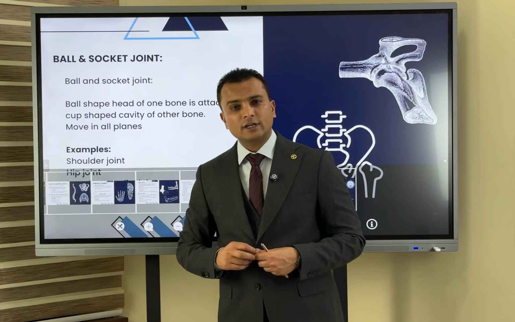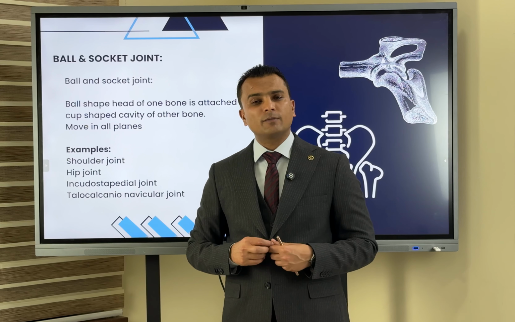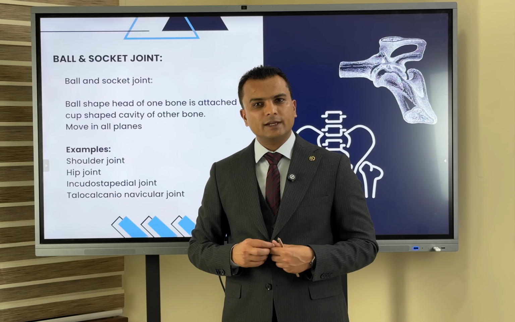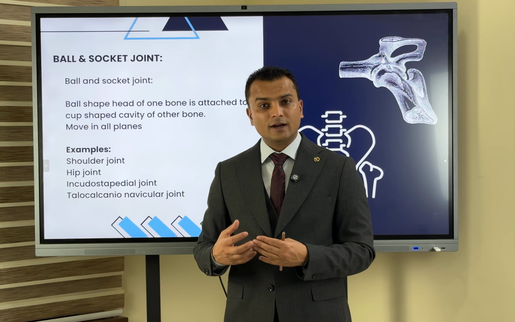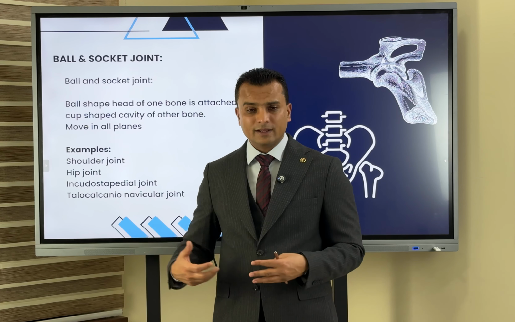Then one of the major types of synovial joint is the ball and socket joint. According to their morphology, one bone surface is ball shaped and the other is a socket, like the glenoid cavity of the scapula or the hip joint.